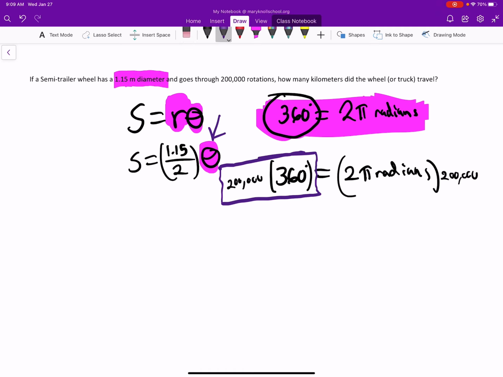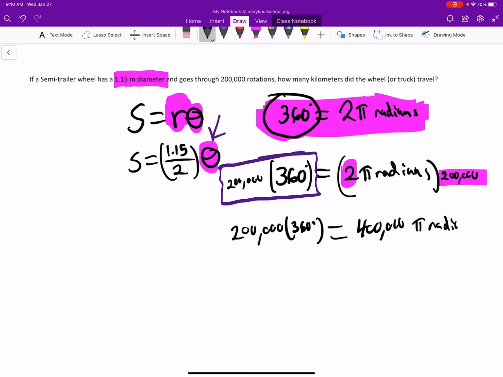Okay, so I'm not going to mess with this side because I don't need to. I already know in my mind that this is 200,000 rotations. I just need to know this side right here. So let's go ahead and do that. 2 multiplied by 200,000 is just going to be 400,000 pi radians. Now, it wasn't that bad, was it?